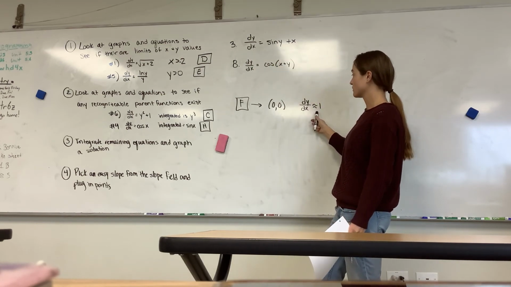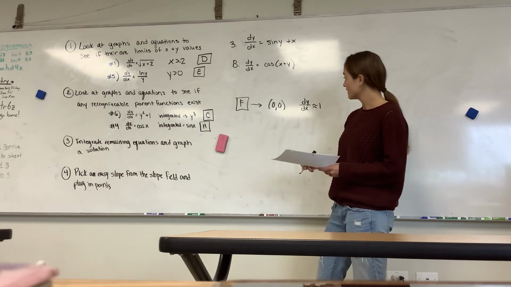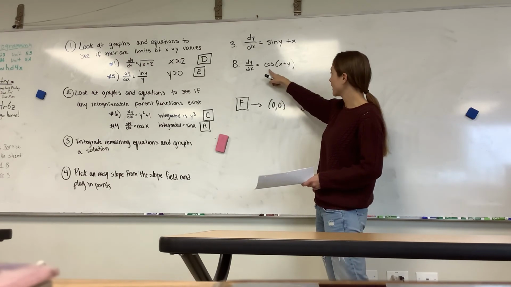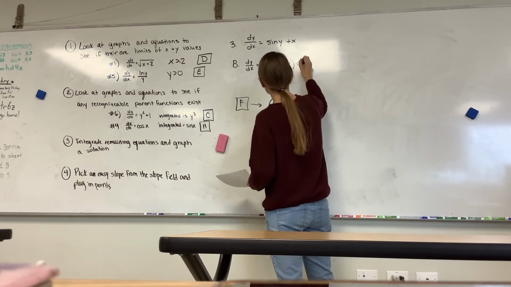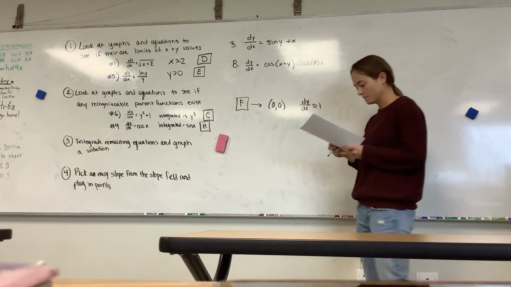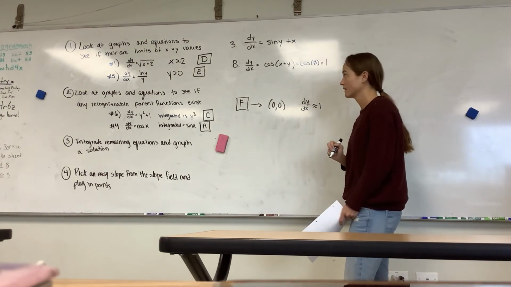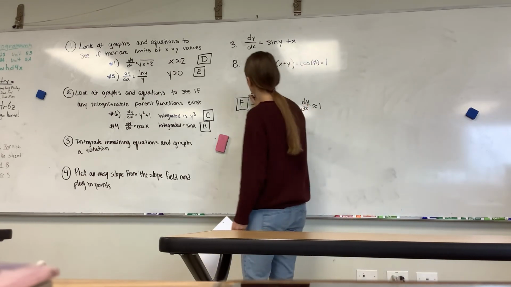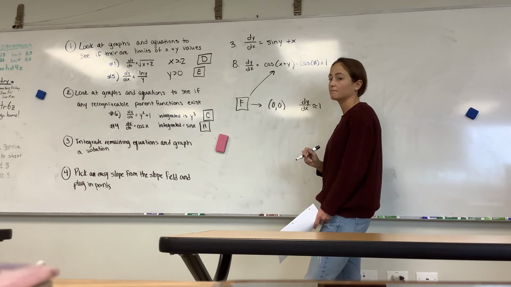Does dy/dx equal 0 on that slope field? No, it doesn't, which means, let's plug it into here. If we get cosine of 0 plus 0, we get cosine of 0. Cosine of 0 is equal to 1, which means that I think that graph F goes with number 8.